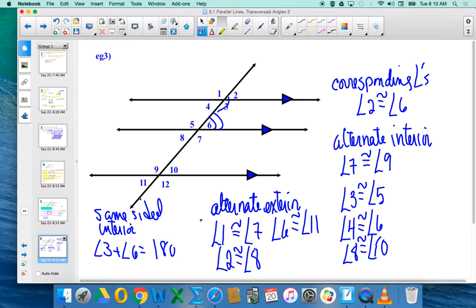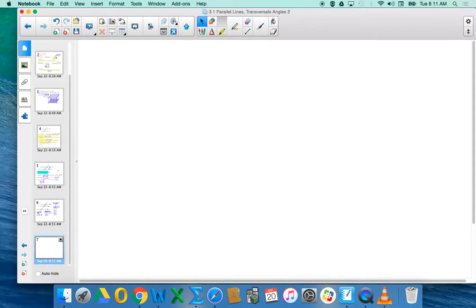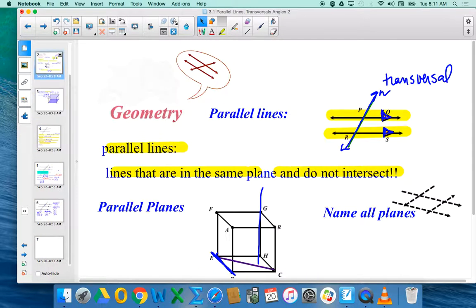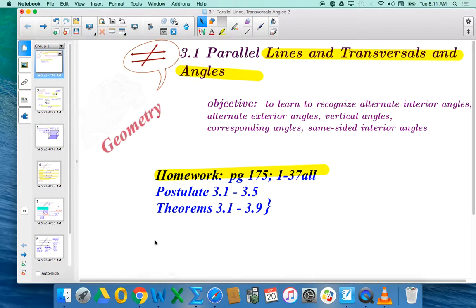Another pair of same-sided interior would be angle 4 and angle 5. They add up to 180. As long as the lines are parallel, the same-sided interior angles are supplementary. All right, so hopefully we're good to go.